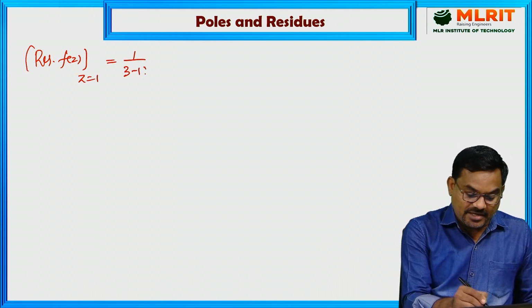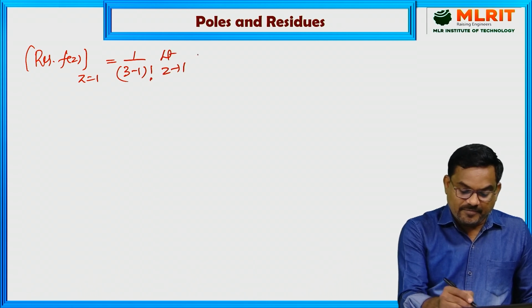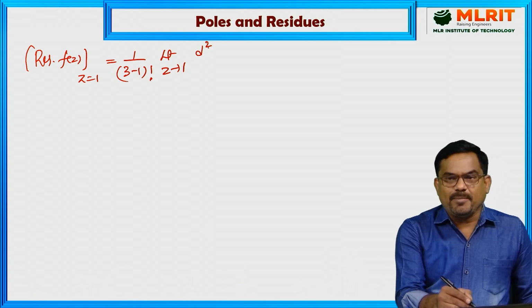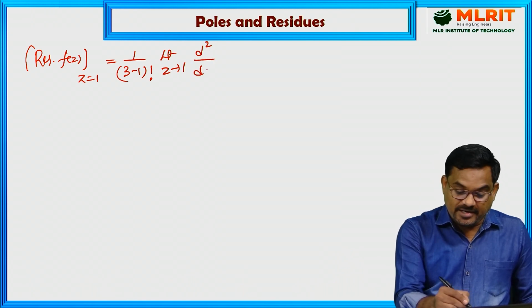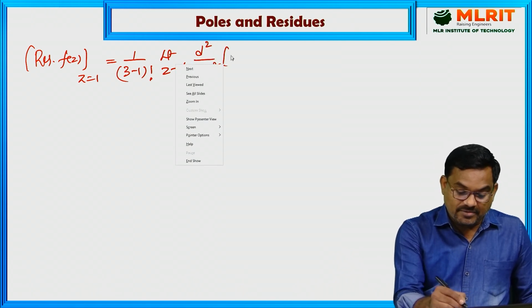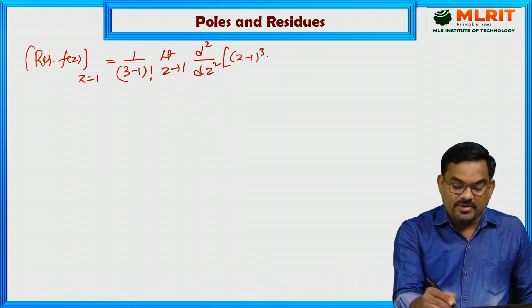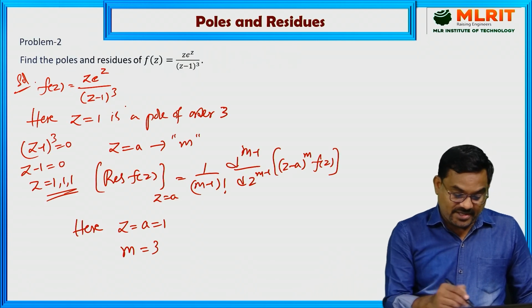Substituting this, the residue of f at z equal to 1, which is a pole of order 3, is 1 by 3 minus 1 factorial limit z tends to 1 d power m minus 1, which is d square by dz square of z minus 1 whole cube into f of z. So what is that f of z?